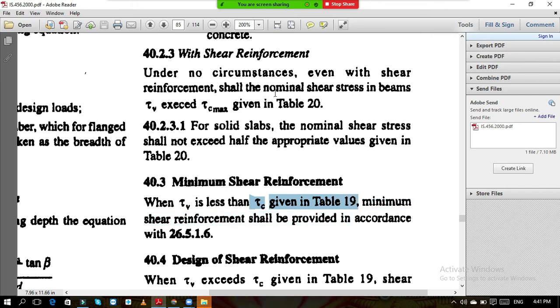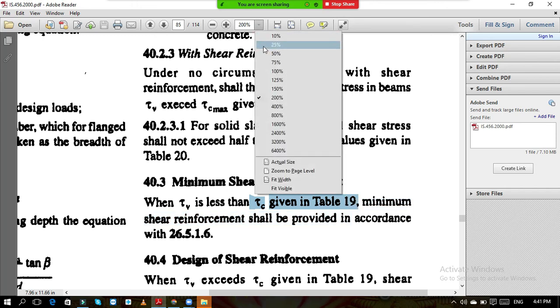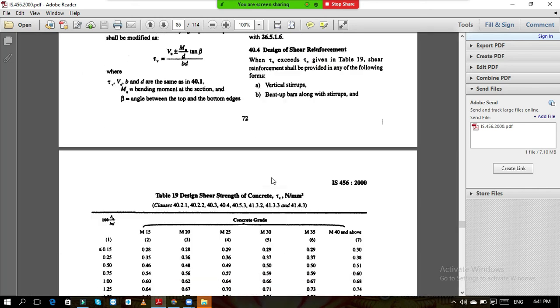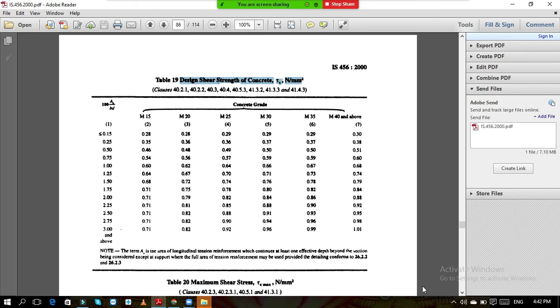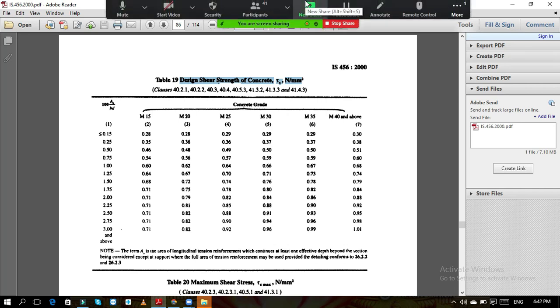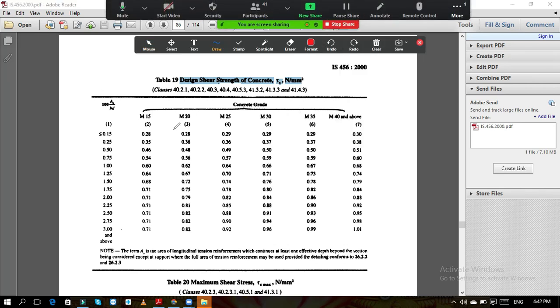Okay, so now we will search where is this table number 19. So if you move down, this is your table number 19. Now read the heading of this table: Design shear strength of concrete in Newton per mm square. Okay. So now if you observe this table carefully, what is given in this table?